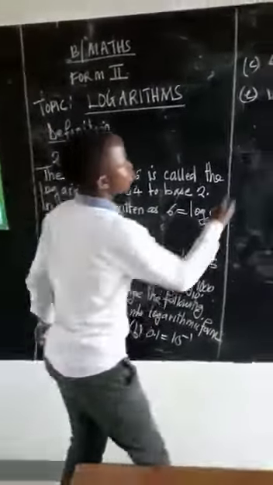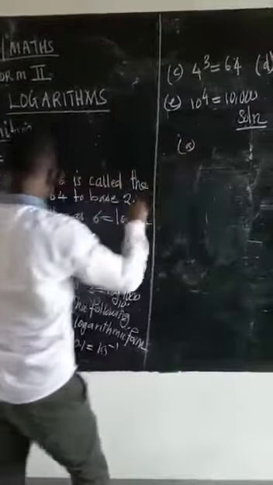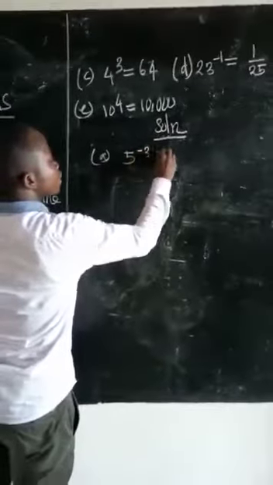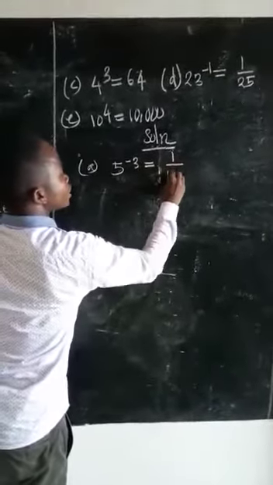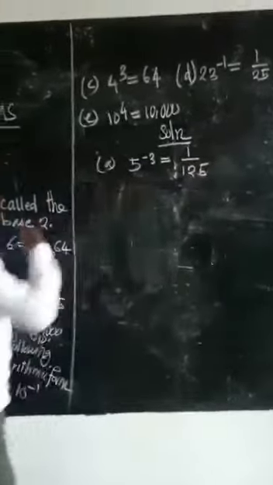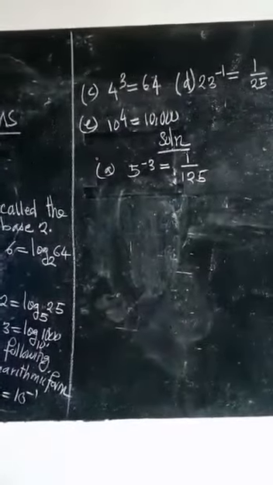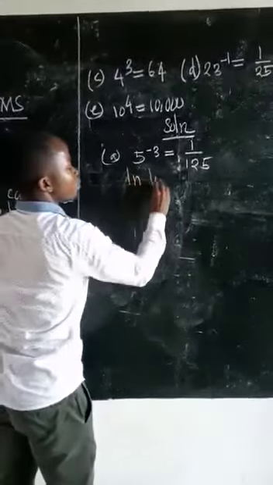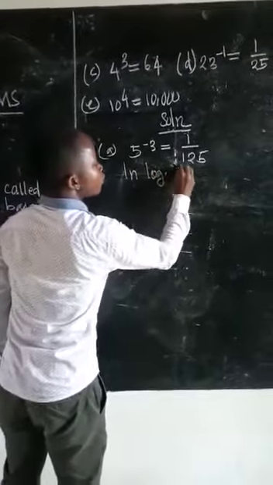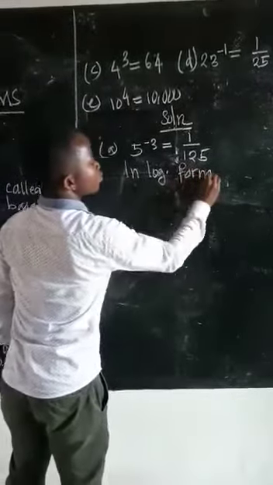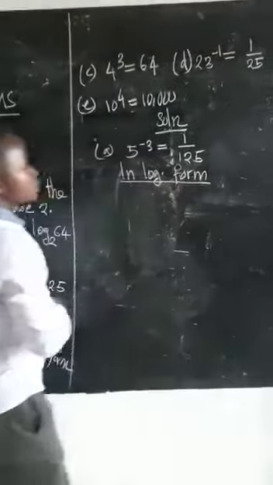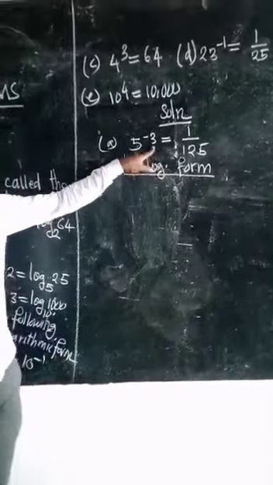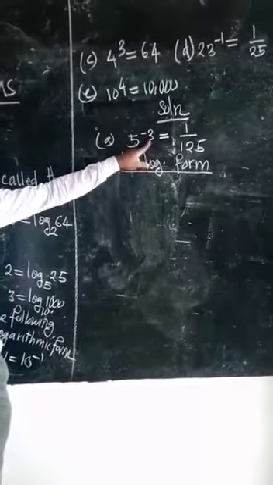For A we have been given 5 power negative 3 is equal to 1 over 125. It is in exponential form, but the question is to change this into logarithmic form. As I have told you, we have to start with the exponent.